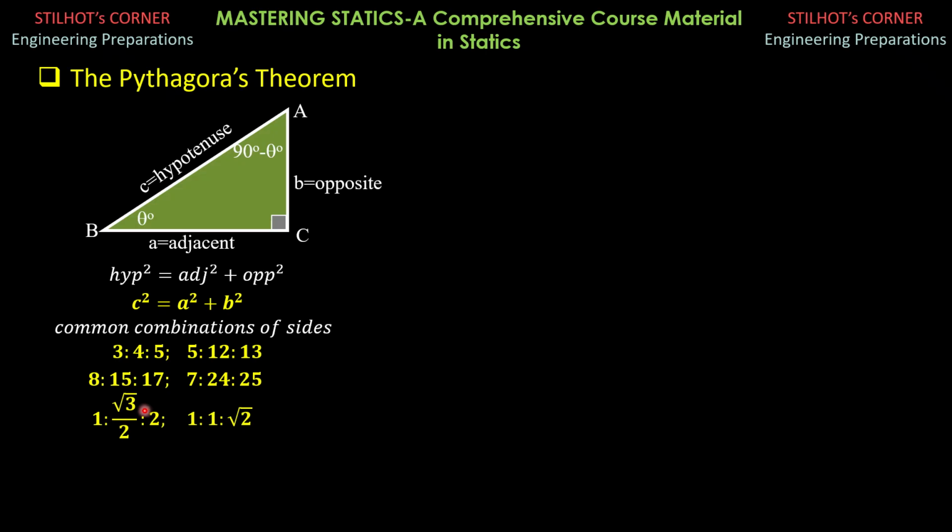This is for the 30-60 or 60-30 triangle. Opposite to 30 degrees is 1 unit. Opposite to 60 degrees is square root of 3. And opposite the 90-degree angle is 2 units. Opposite one 45-degree angle is 1, and the other 45 degrees is 1. The hypotenuse opposite the 90-degree angle is square root of 2.